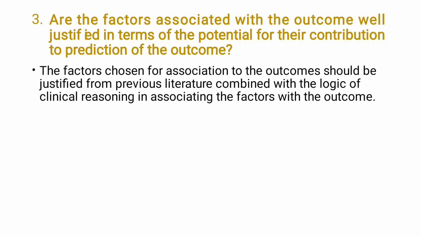Your predictive variables and predictive risk factors should have a logical reason, and that should also be combined with the previous literature. That is the basics of evidence-based practice: your clinical logical reasoning and professional experience should be combined with the literature, so that you can justify that the outcome of interest we are going to measure is specifically occurring due to some predictive variables and potential risk factors which are going to cause that outcome of interest.